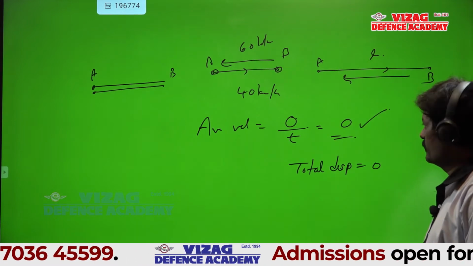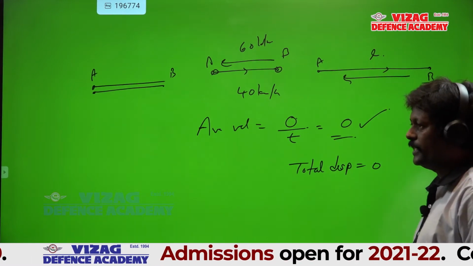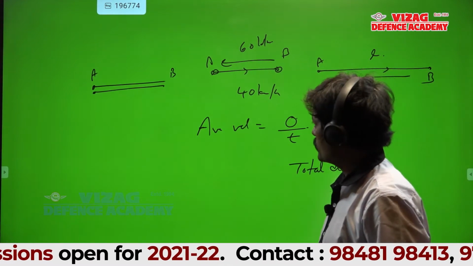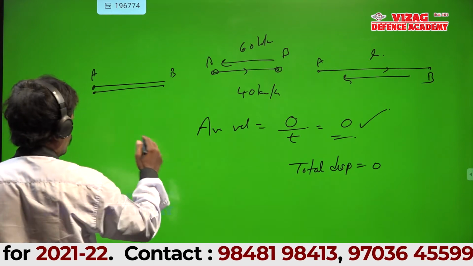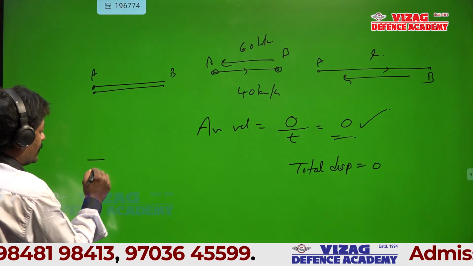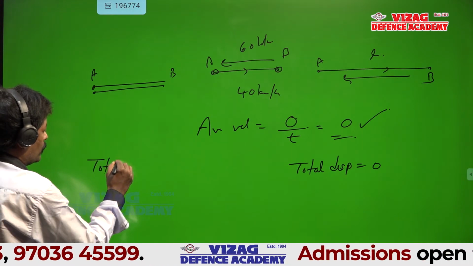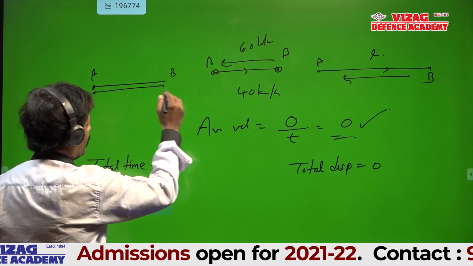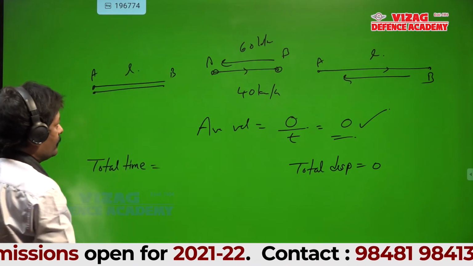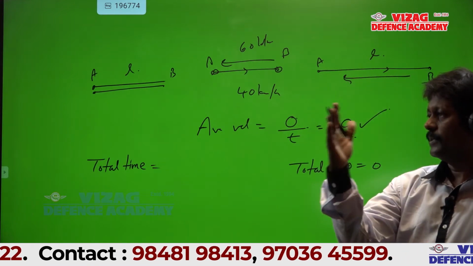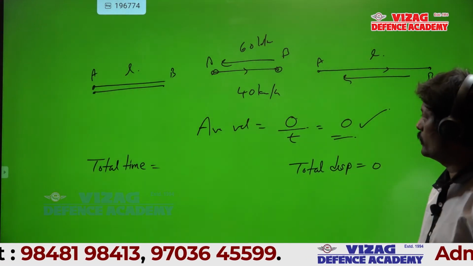Now average speed, if you want, will not be 0, because it is total distance by total time taken. First of all, let us find total time. From A to B, you take L. B to A, how much?